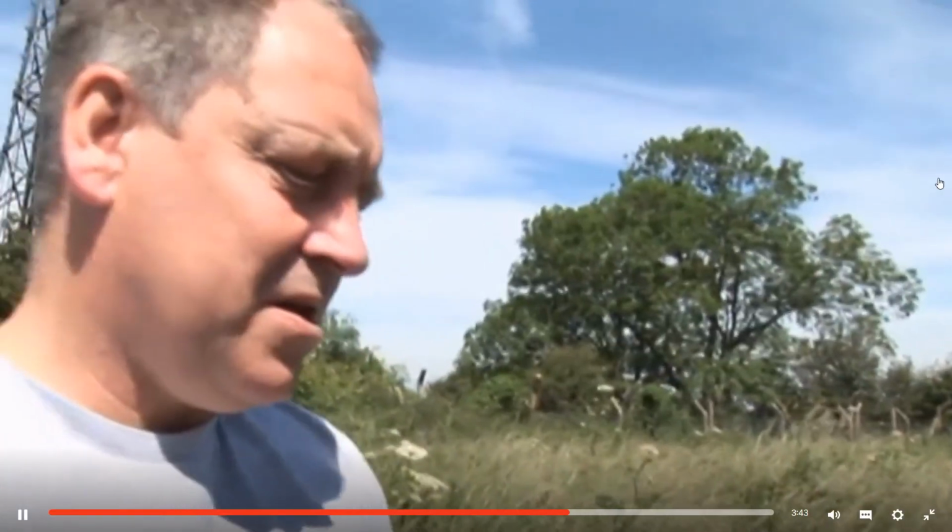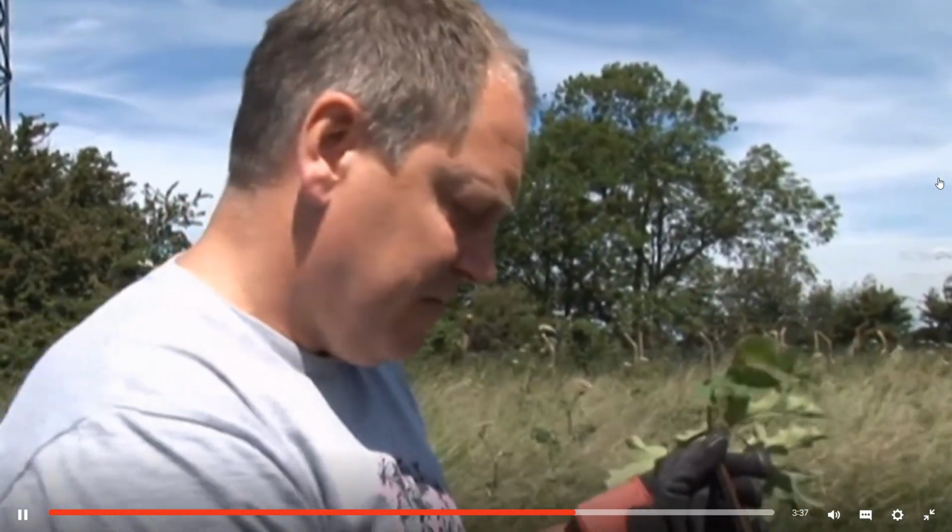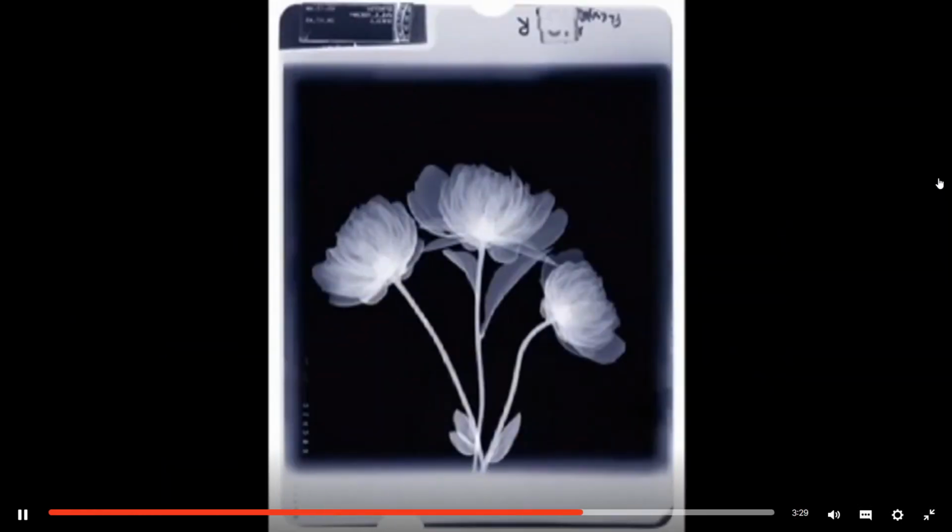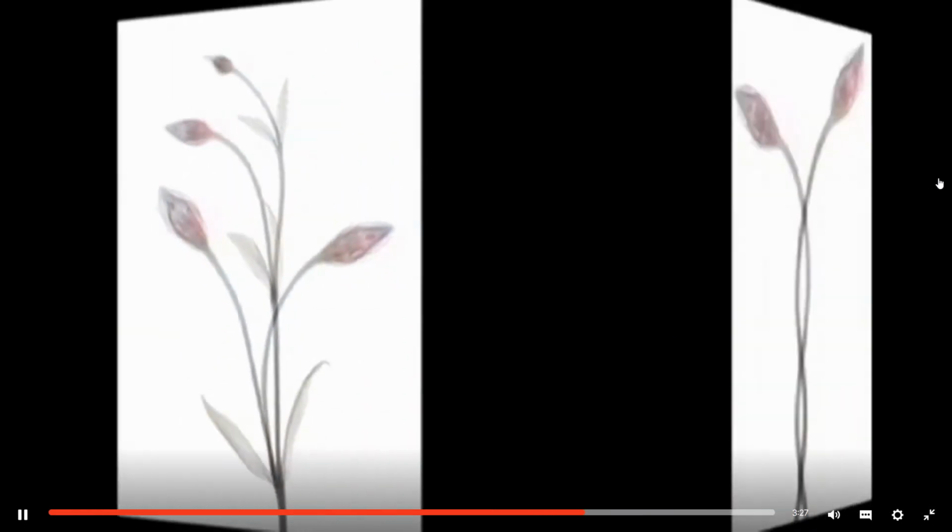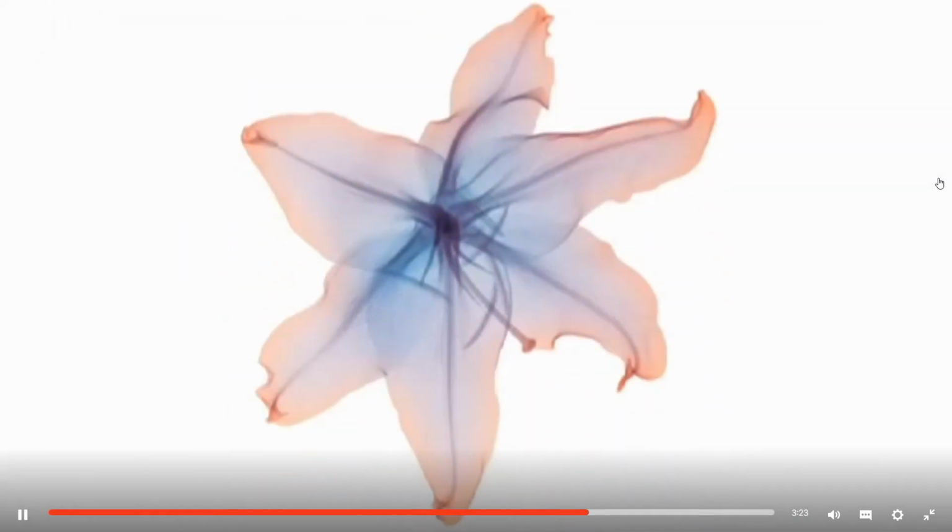I will show how the capillary action works, how it feeds. I'll be able to get all the cells inside that stem because it transfers food from its roots to its leaves. Look at this monster! It's so basic, it just grows wild.